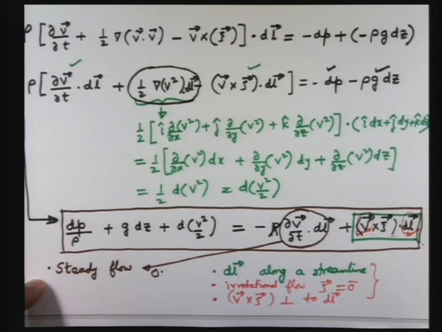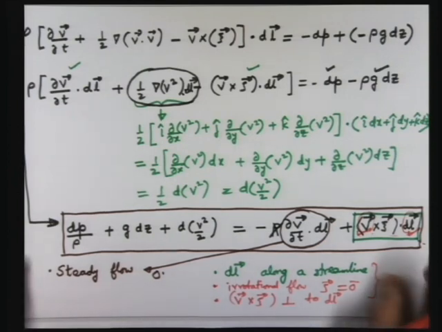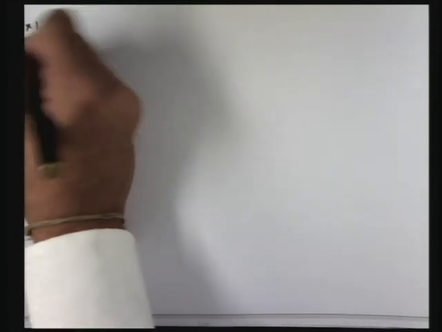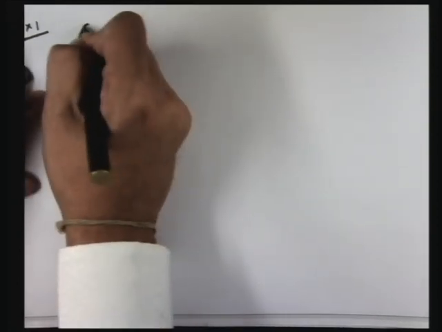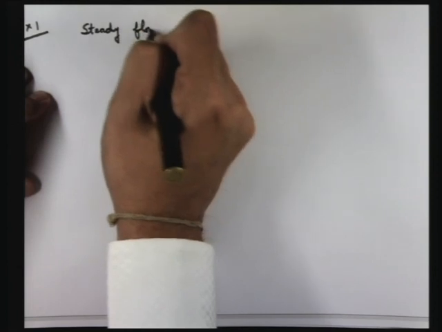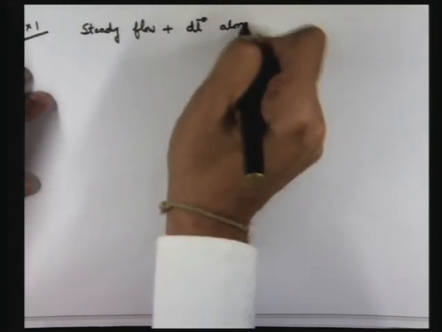So we will start with one example, when we consider one of the considerations to be valid, that is, we consider dl along a streamline and steady flow. Example 1: steady flow plus dl along a streamline.